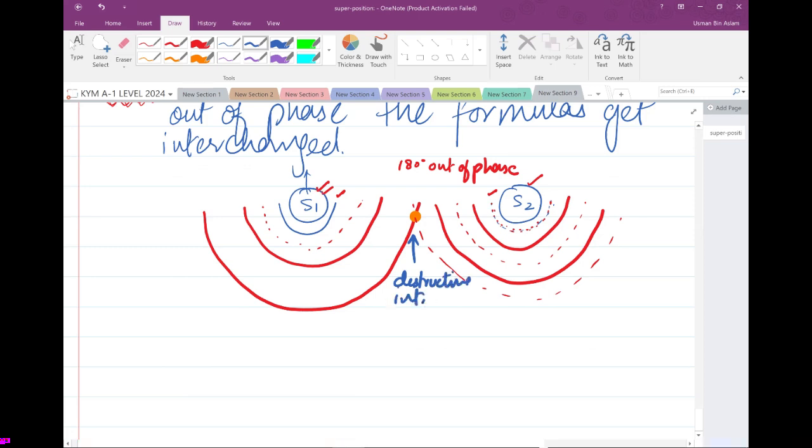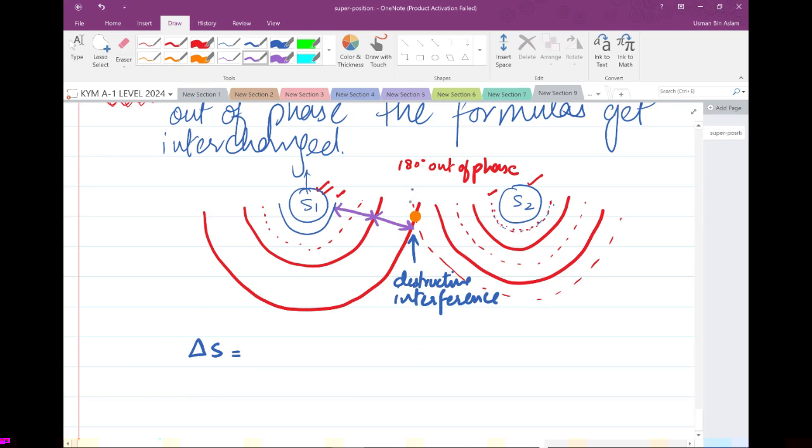Destructive interference. Let's perform some calculations to prove that. Path difference helps us to understand if there's going to be constructive or destructive interference. We can see from S1, this is one wavelength, and this is going to be another wavelength. Two wavelengths.